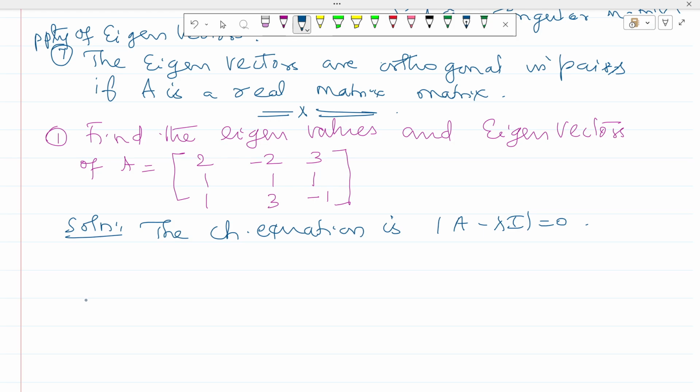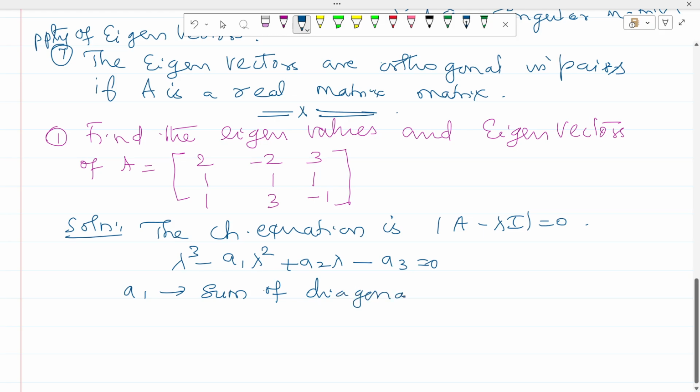Otherwise we can use a shortcut method: the characteristic equation shortcut formula is λ³ - a1λ² + a2λ - a3 = 0, where a1 is the sum of diagonal elements of A. That means 2 + 1 - 1, which is equal to 2.